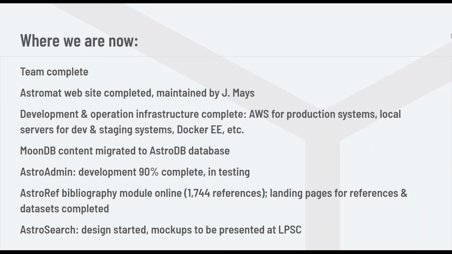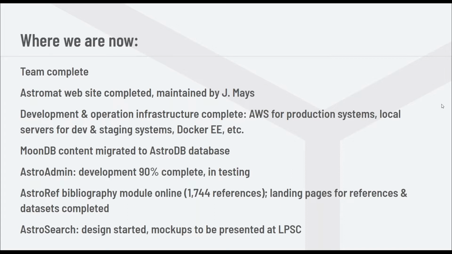So just a brief status, and you will hear a little more in the 2 upcoming presentations by Jennifer and Lucy about 2 system components. But we now have a complete team that took a little more time than we had anticipated. We have the AstroMat website running, and Jennifer is the one who maintains it.